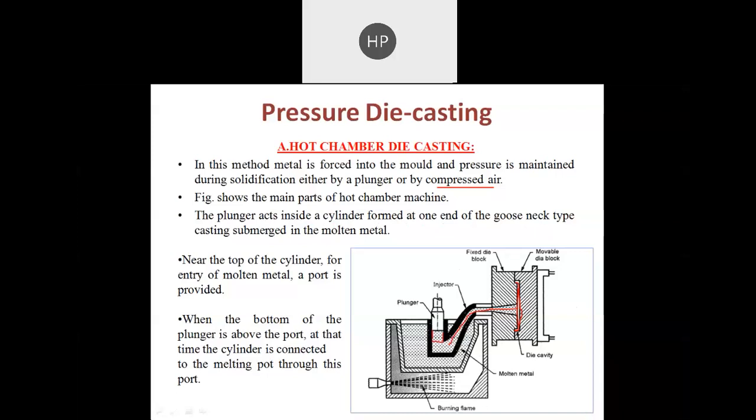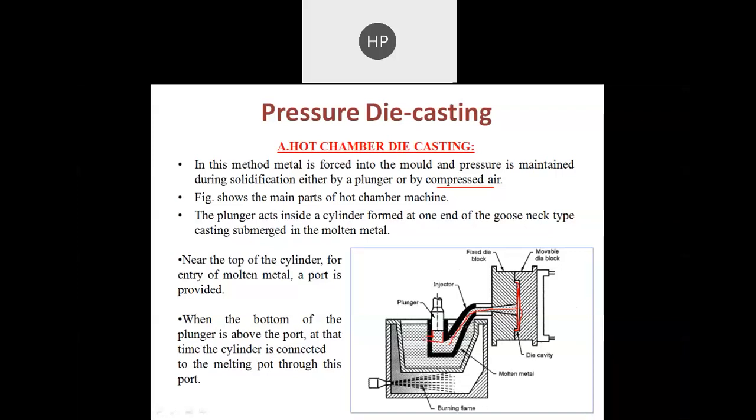This is a gooseneck type casting, with one end submerged into the molten metal, and here we have a gap like this.